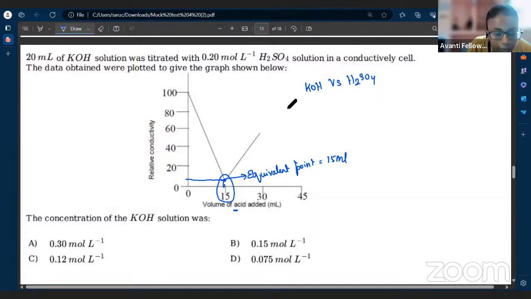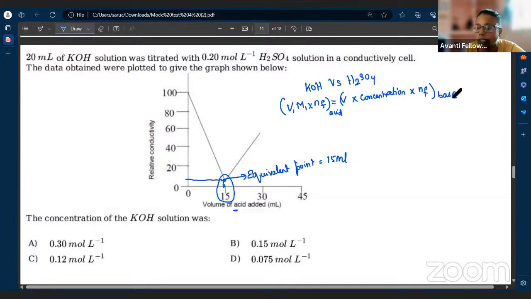So I can write V1, and the molarity is given, so M1, into the equivalent factor n-factor, is equal to the volume into the concentration into the n-factor. This whole thing is for the acid and this whole thing is for the base. You are just using the equivalence concept over here. Can you solve and give the answer now?